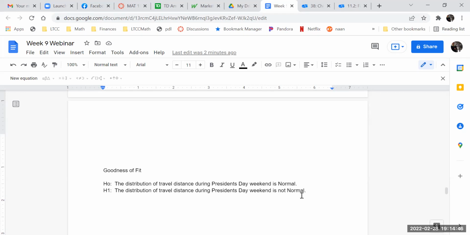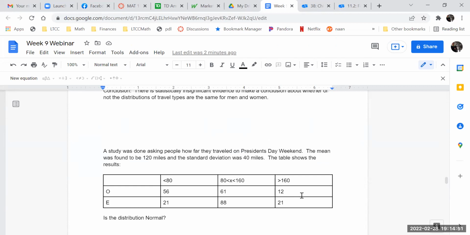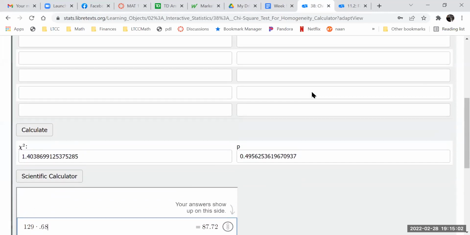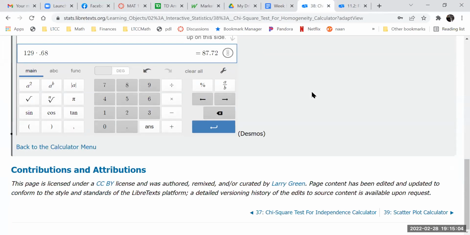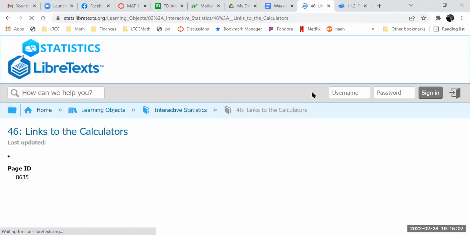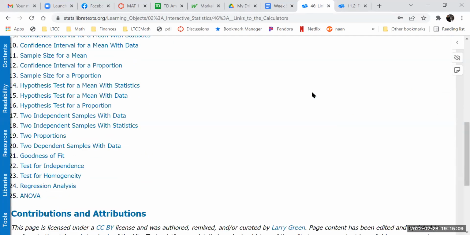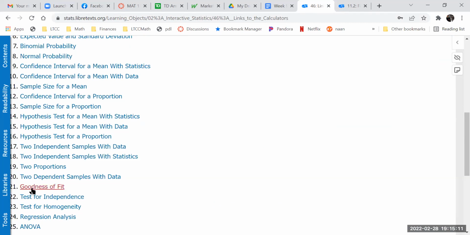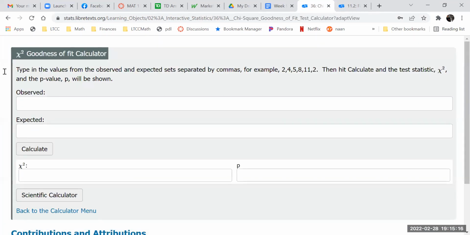All right, now you should know what to do next, which is go to our calculator. We're back at goodness of fit. It asks for the observed and the expected.